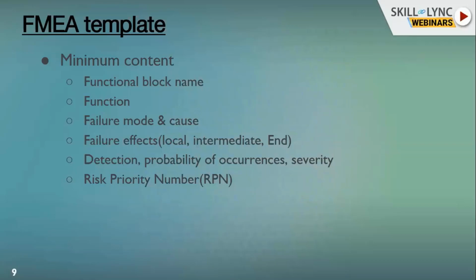And if you have field returns, or if people have experience from servicing, repair, maintenance, or aftermarket service, you should involve those people to identify those failure modes, because as an FMEA person, you will not be able to identify everything. So it becomes a group task. So you identify the failure modes and then the cause. There is some confusion between modes and cause, but we can take that up later. You'll learn later on.